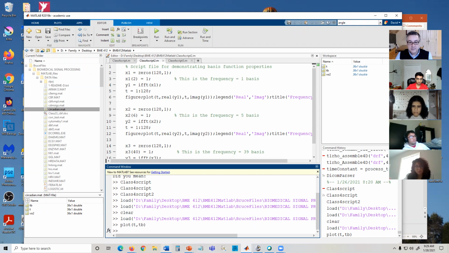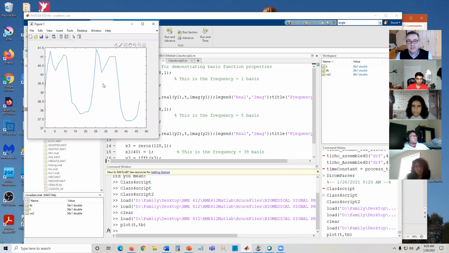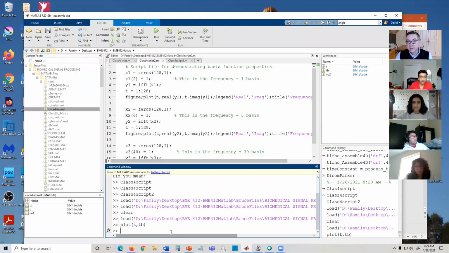Okay, so that's the data that I showed you before. Now, if we take the Fourier transform of that, what I'm going to do is take the, we'll do this.